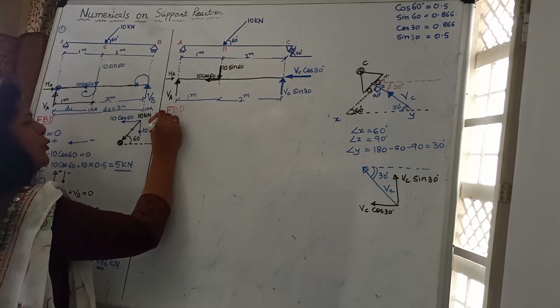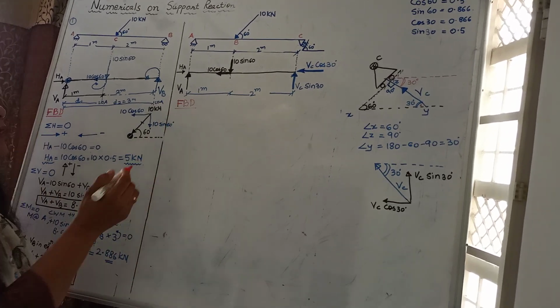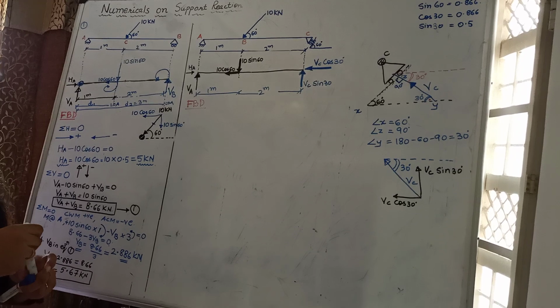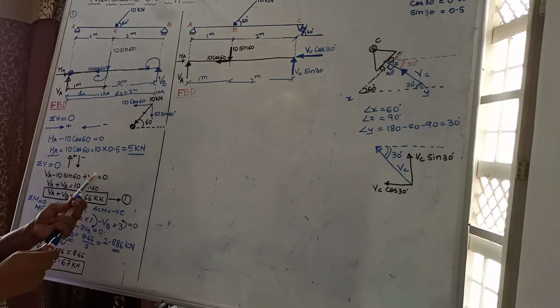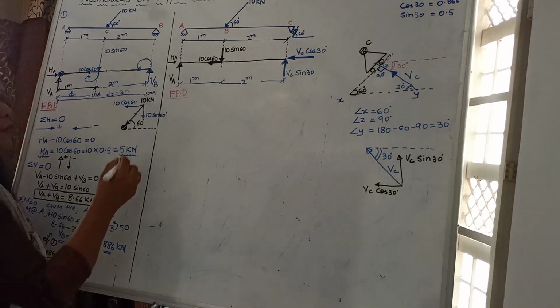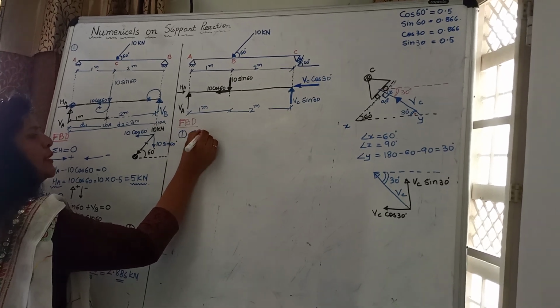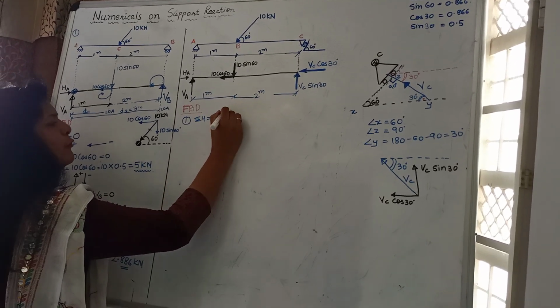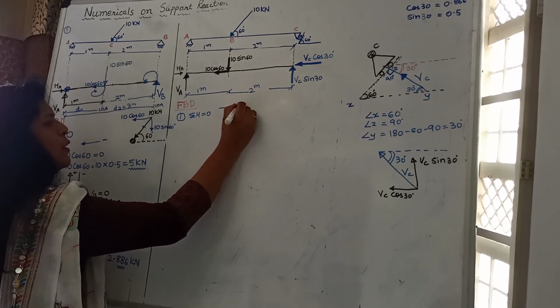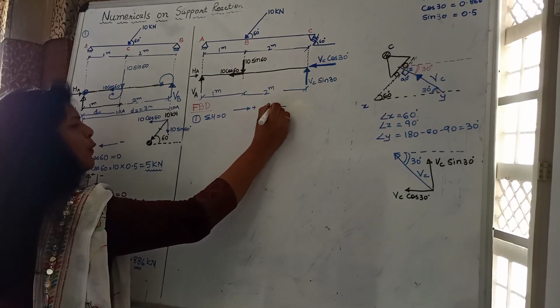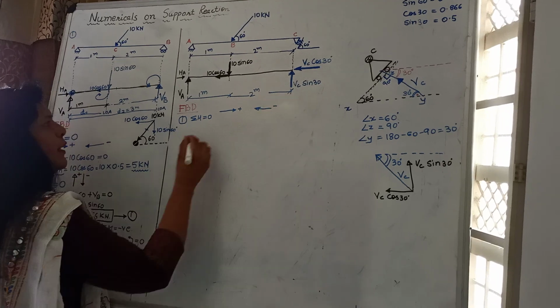We have to apply our conditions of equilibrium. What is the first condition of equilibrium? Sigma H equals 0. If the force is moving towards the right, it is positive, and if towards the left, negative.